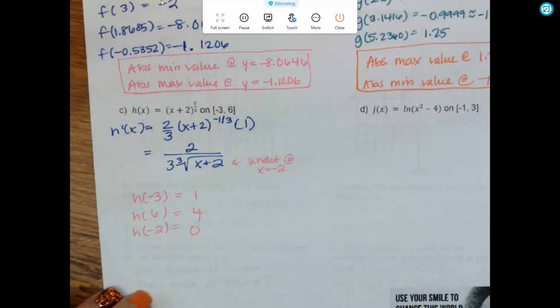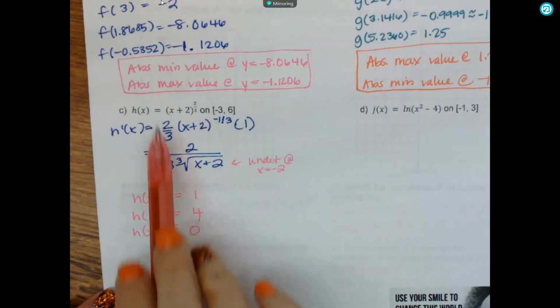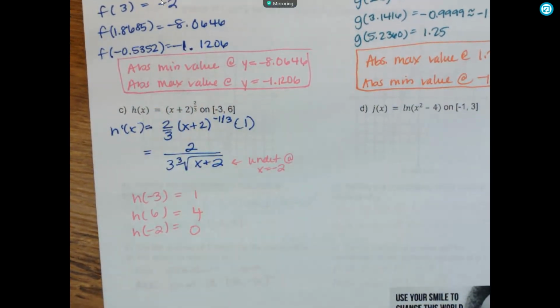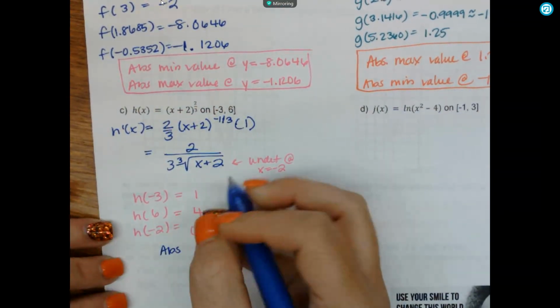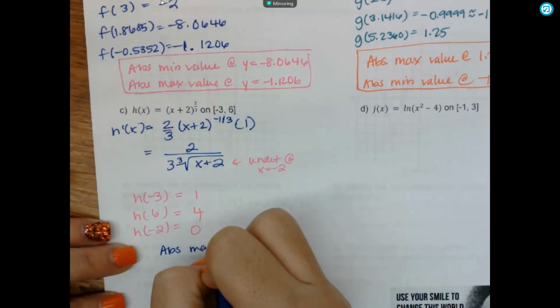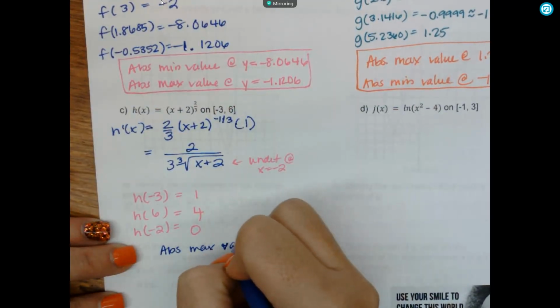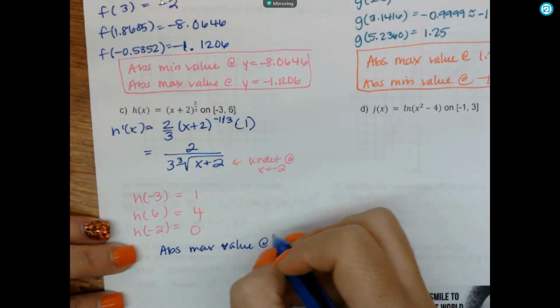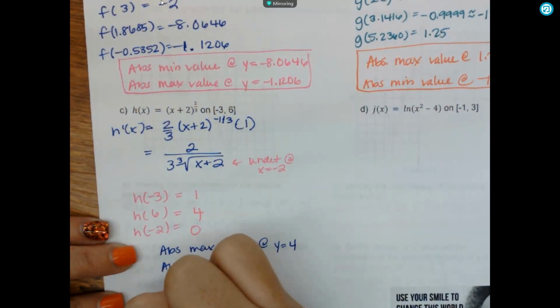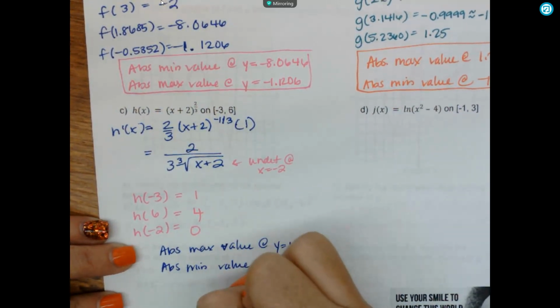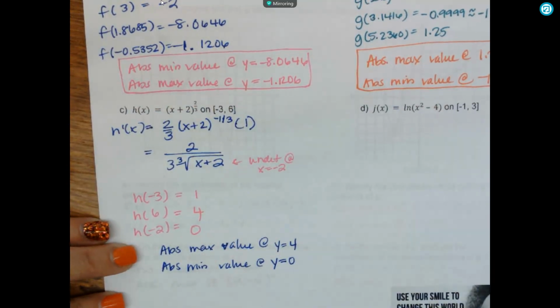Okay, and remember, you're plugging those into the original. Make sure if you are doing those yourself, it's back into the original. All right, so what do we have here? Absolute max value at y equals 4, and an absolute min value at y equals 0.